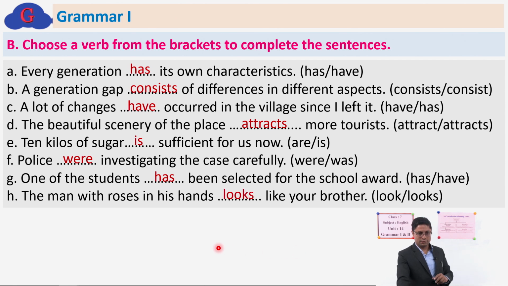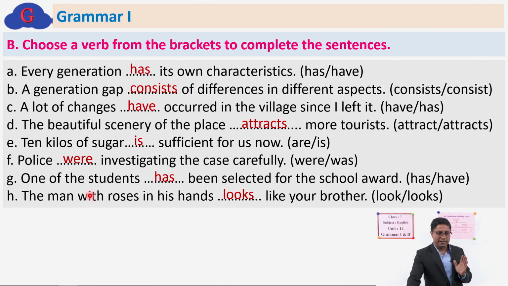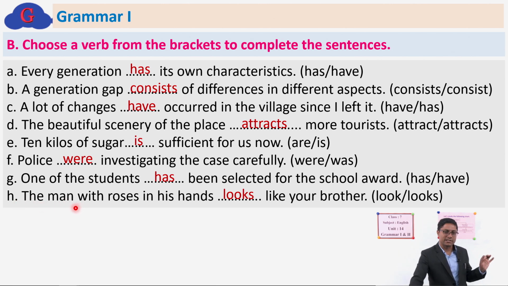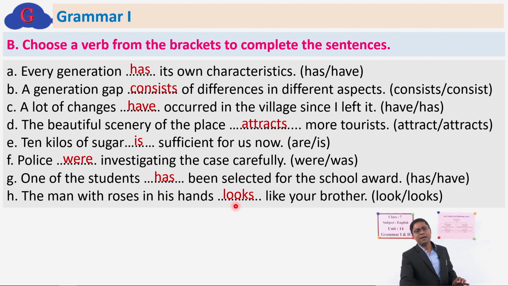We have already discussed that when nouns or pronouns are connected by "with" or "along with," in such situations we look at the noun or pronoun in the beginning. And what do we have in the beginning? The man. The man is a singular noun, so we have to use the singular form of the verb.